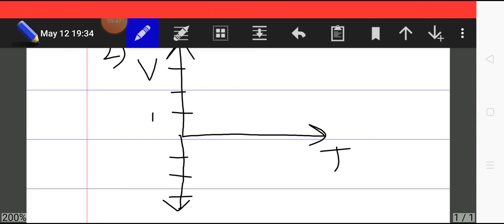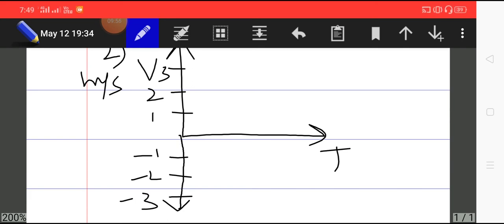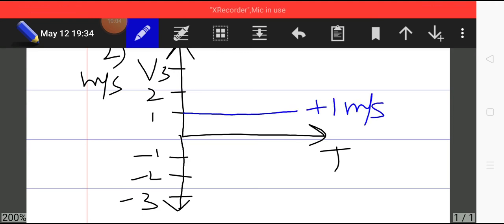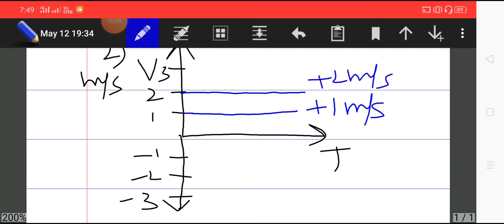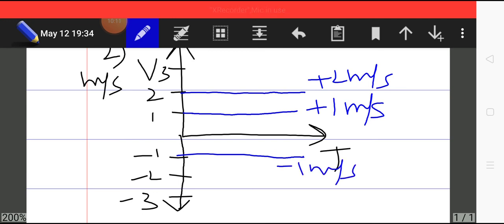Let velocity be in meter per second. This graph is indicating plus 1 meter per second constant velocity, and this graph is indicating plus 2 meter per second constant velocity. Similarly, minus 1 meter per second constant velocity, minus 3 meter per second constant velocity.